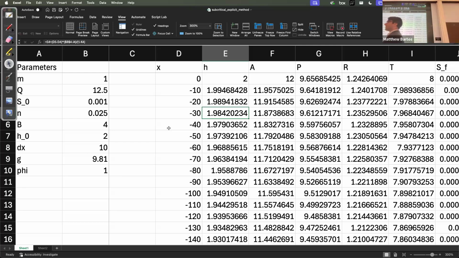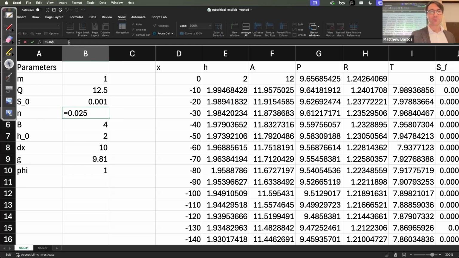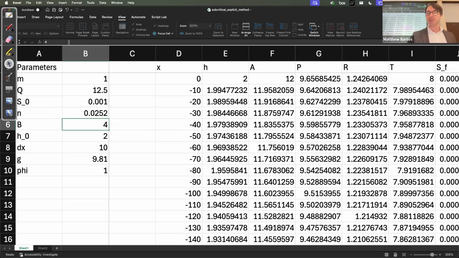Canvas had an extra 0. Well, let's change it here and see what happens. 252. That seems like it's probably a typo, but we can try it. You should end up with something like this.